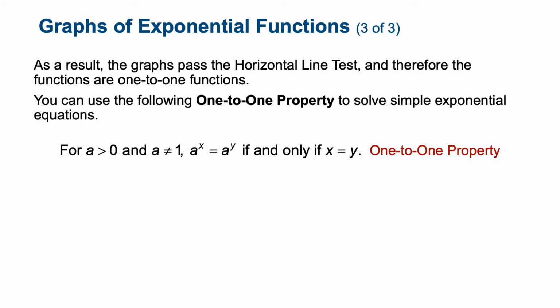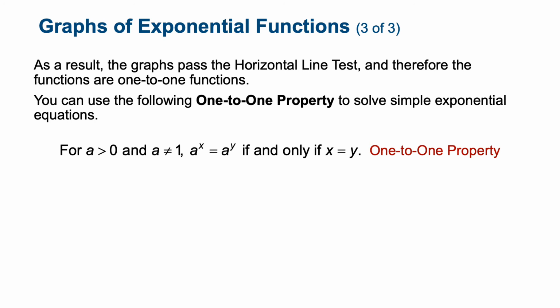As a result, these graphs pass the horizontal line test, and therefore they are 1-to-1. What does that mean? That means you can use this 1-to-1 property to solve simple exponential equations. We've done a bit of this before in previous classes, but let's refresh our memory.